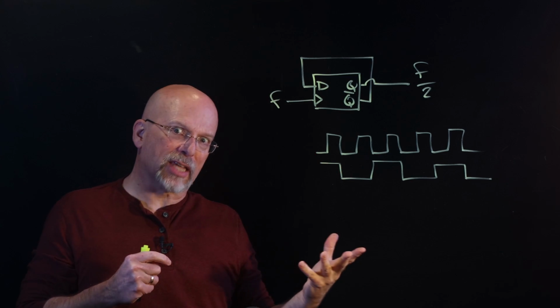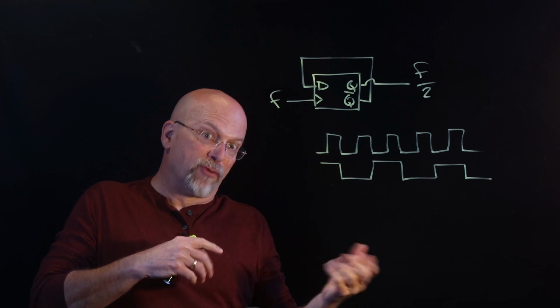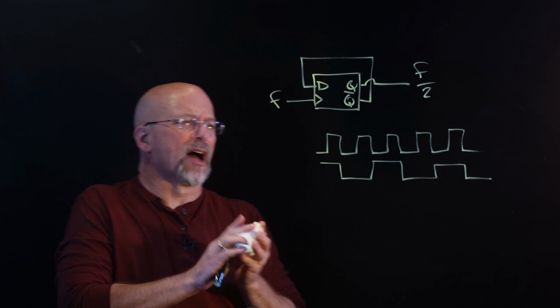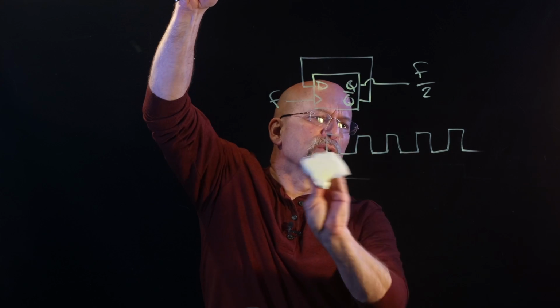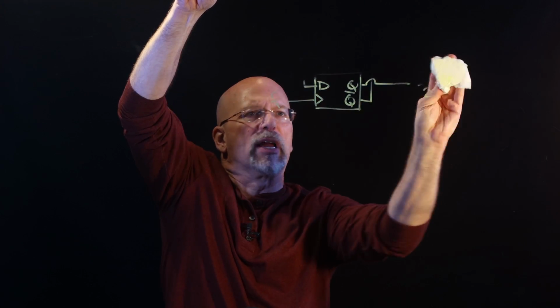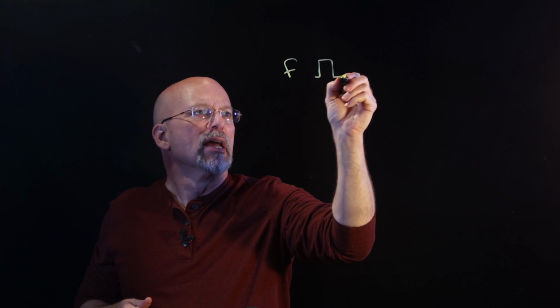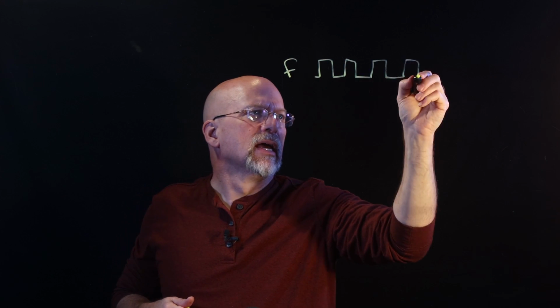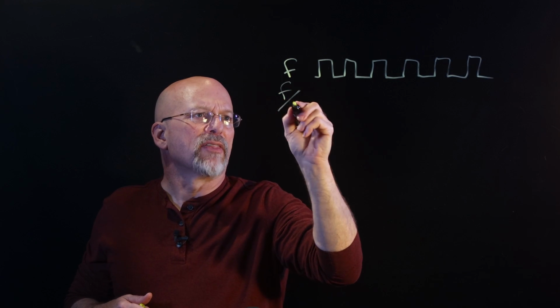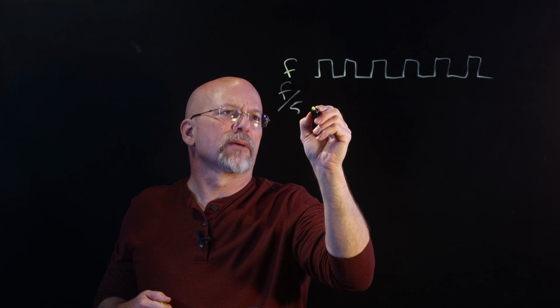Now you could cascade these. You could have a divide by 4, a divide by 8, a divide by 16, but you couldn't get a divide by 5. If you want to do a divide by 5, we're actually going to have to use a sequence generator, one that generates a binary sequence. And so it might look something like this. If I had my frequency that came in, and let's say again that we've got a falling edge. If I want to divide that frequency by 5, it might look something like this.